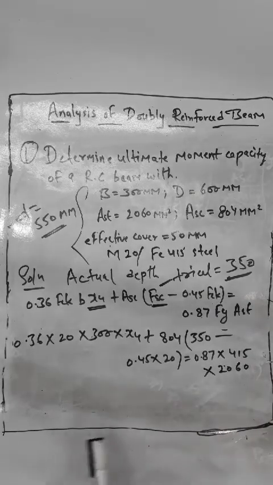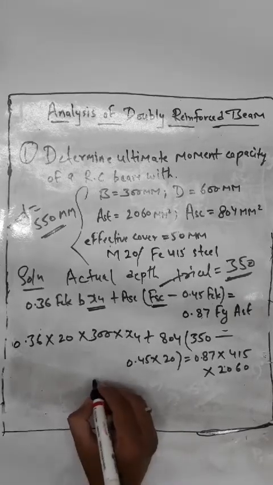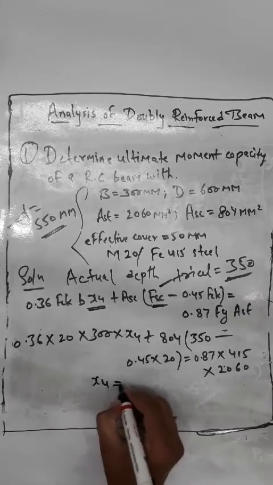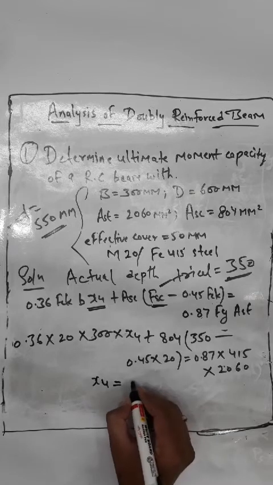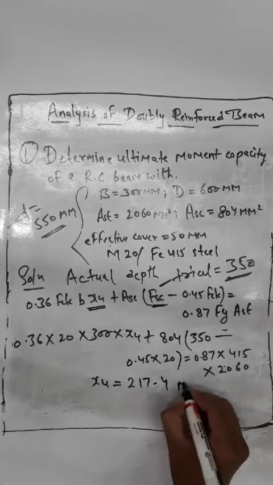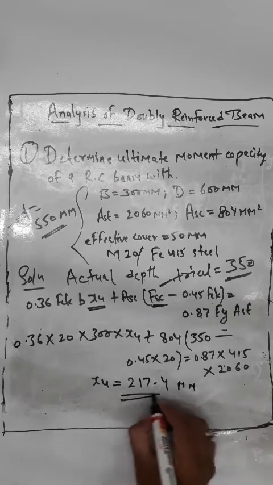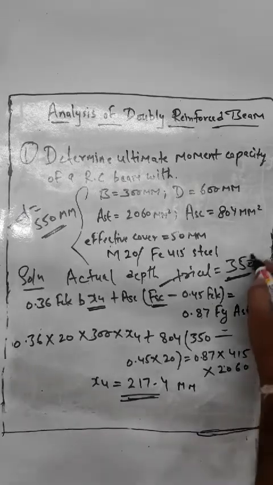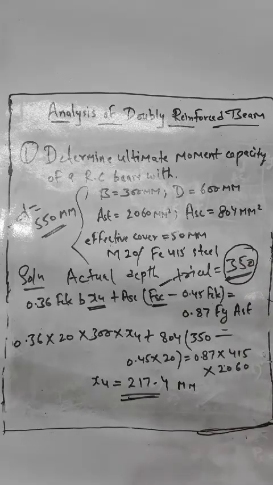So after solving this equation, here we get xu is equal to 217.4 mm. So this is the value of xu for fsc 350.